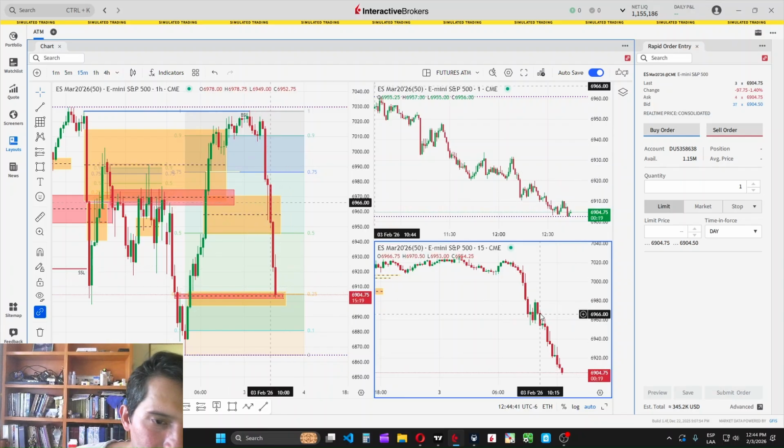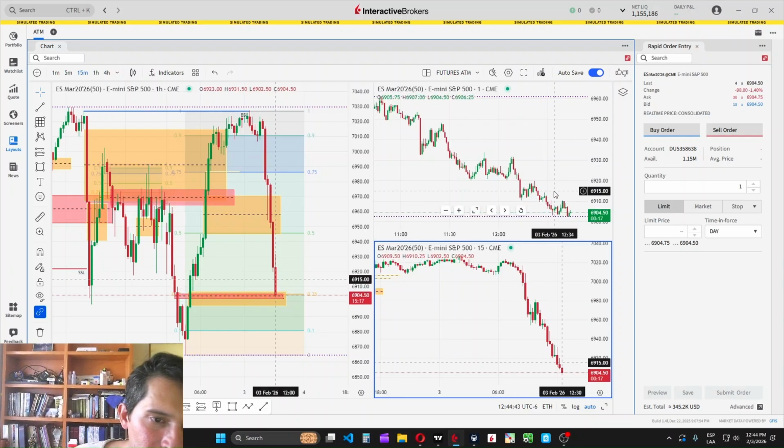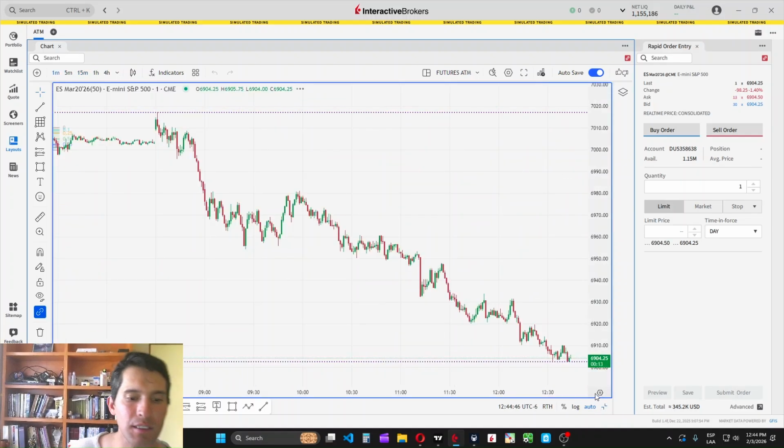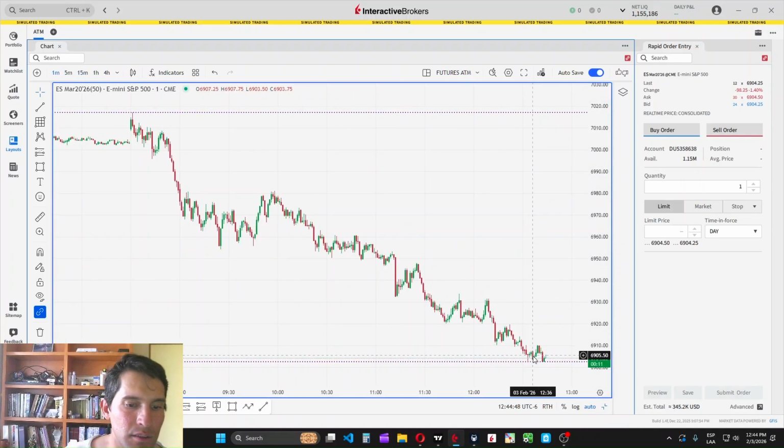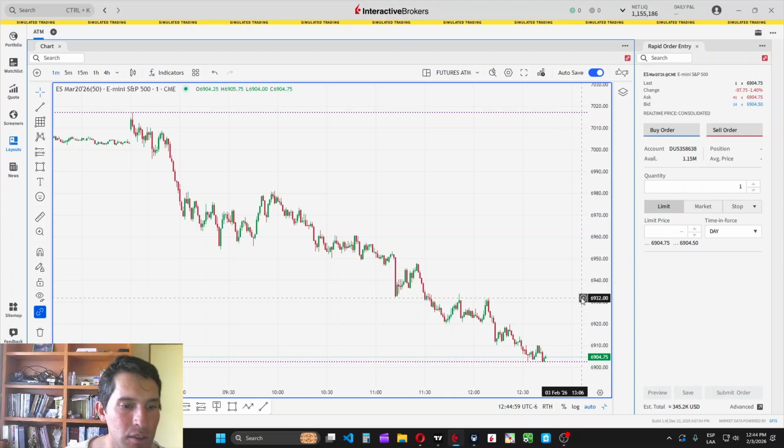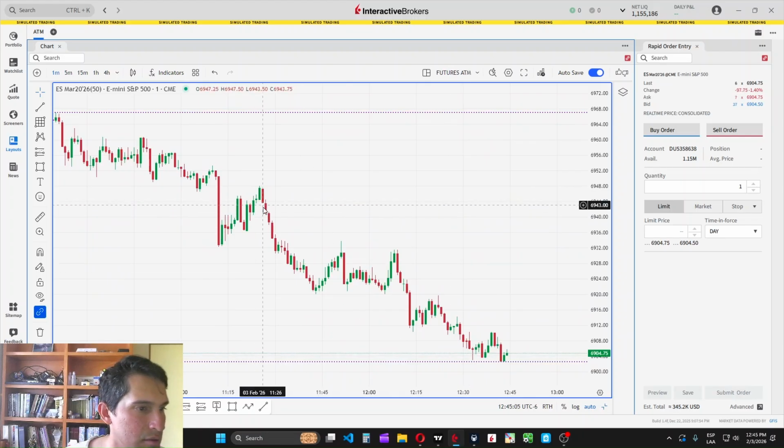So the same thing, what I'm expecting is the price to create some internal liquidity here in the 1 minute, and then get a shift in market structure and try to go long to attack these relative equal highs. Also this part right here, this fair value gap, this imbalance right here to the sell side.